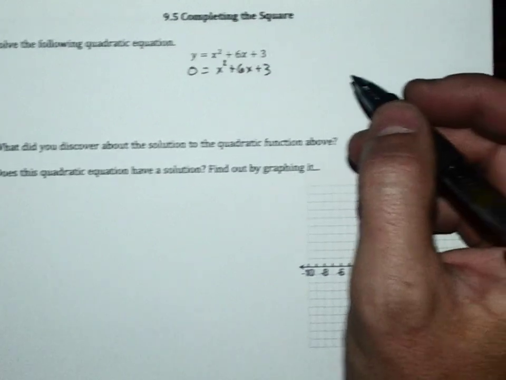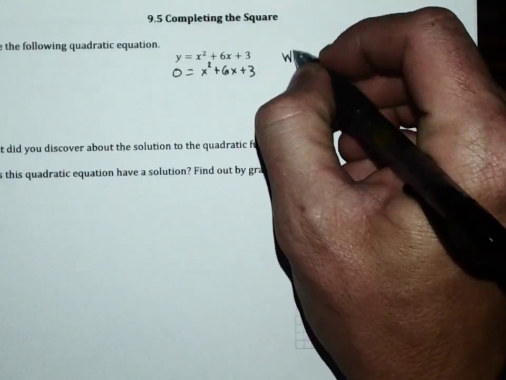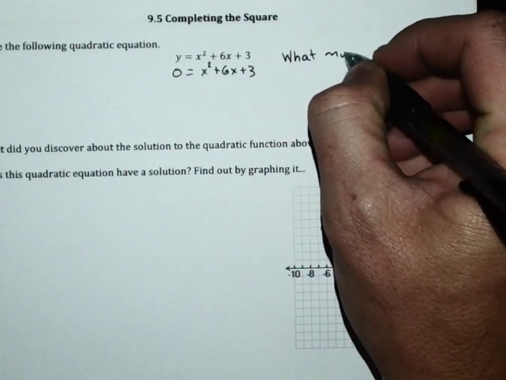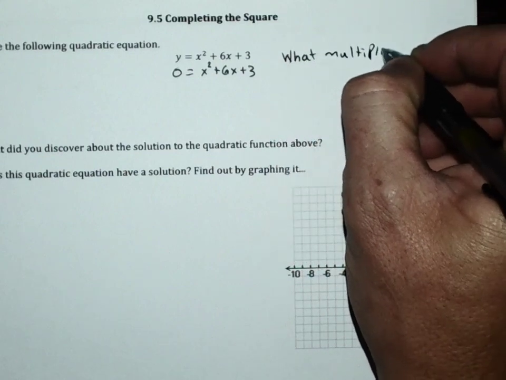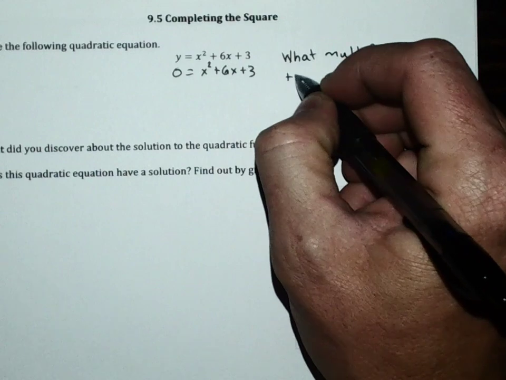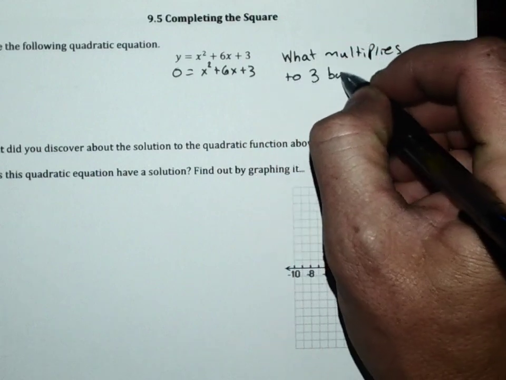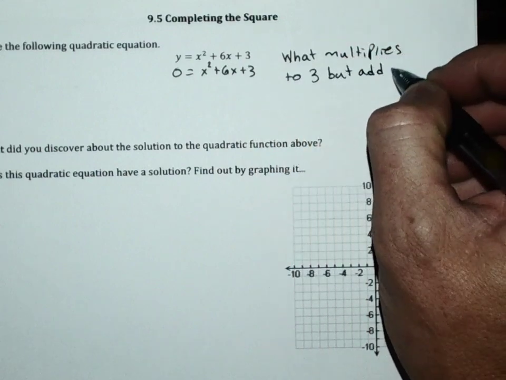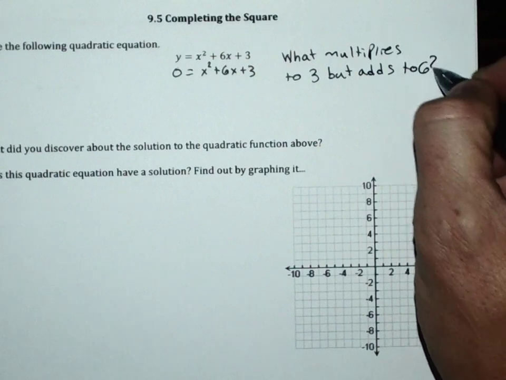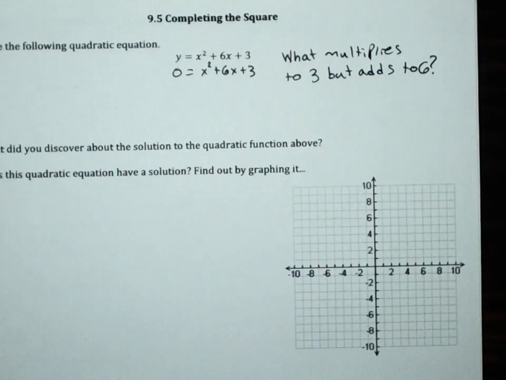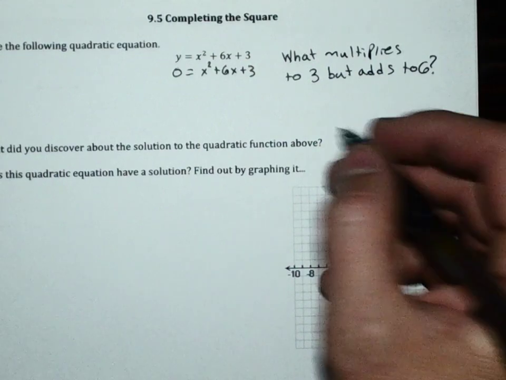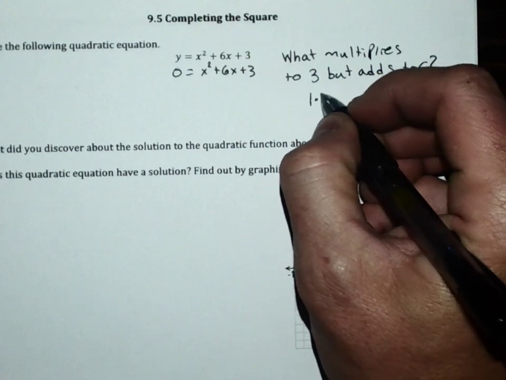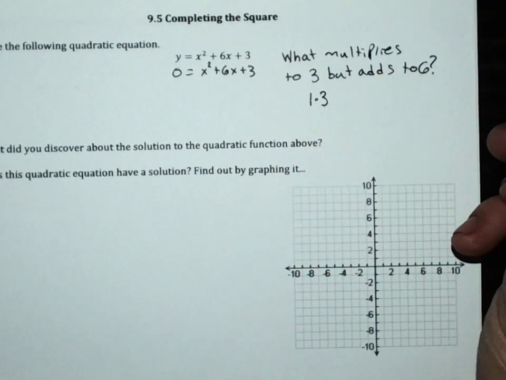So we'd ask ourselves the question, what multiplies to 3 but adds to 6? That's the question we need to ask ourselves. So the answer to that is nothing. The only thing that multiplies to 3 is 1 times 3.